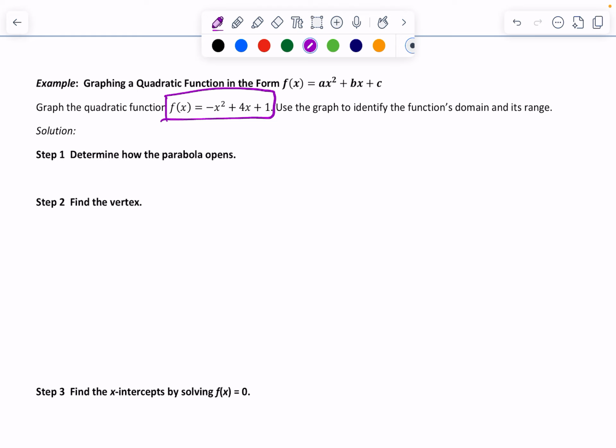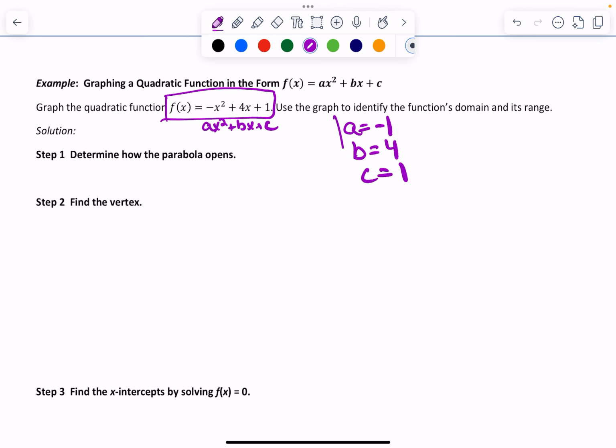So what we want to do is look at our, remember, this is ax squared plus bx plus c. So our a is going to be -1. Again, there's only the negative sign, but there is a 1 because it doesn't have a number. B is going to be 4, and c is going to be 1.